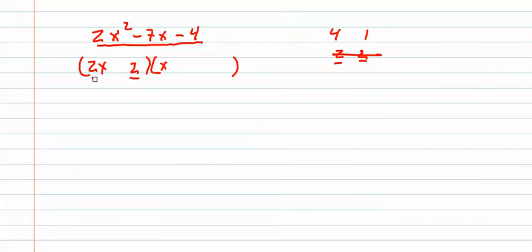So let's erase here. We know we have to have the 4 and the 1. If I put the 4 here, I still have a common factor of 2. I don't want a common factor of 2, so we're going to get rid of that, and we're going to put the 1 here and the 4 here.